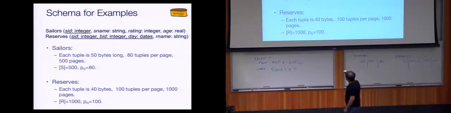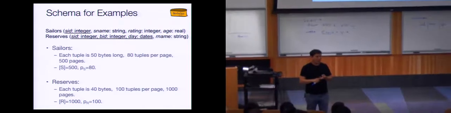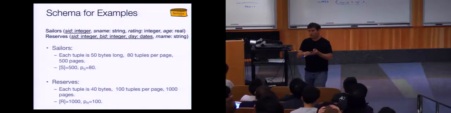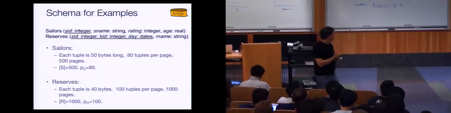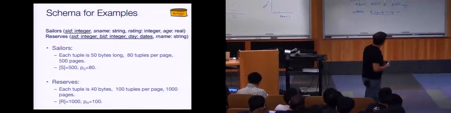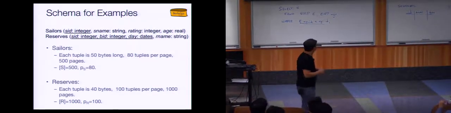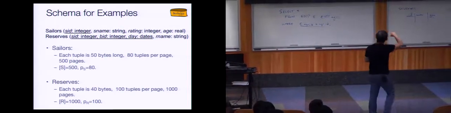So the key of the reserves relation is sailor ID, boat ID, day, which means that a given sailor can only reserve a given boat once per day. Right? And when you know those three things, you get exactly one row out of the reserves table. And there's a reservation name, which is a string, so we can pull up that reservation later on. It's not important, but there's an extra attribute.